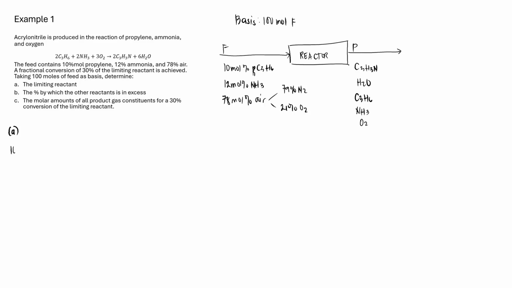So 100 moles of F, and then per mole ng F, there's 0.10 moles of C3H6, and then based sa chemical equation, 2 moles of C3H6 is equivalent to 2 moles of C3H3N, because that's a product.